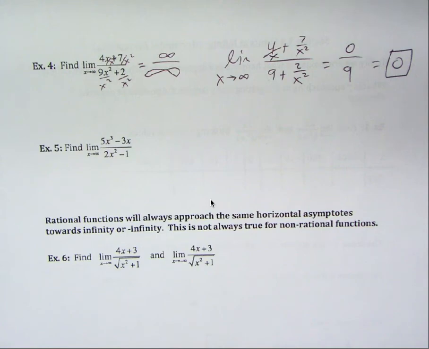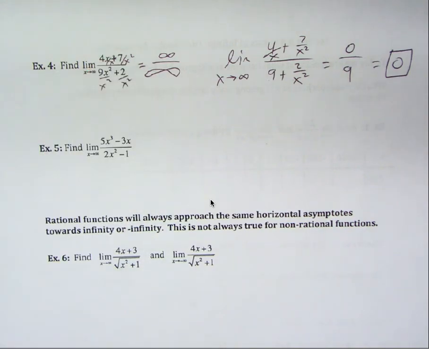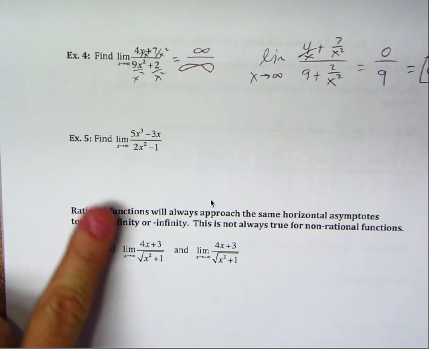Yeah, always. If your bottom degree is bigger than your top degree, then as x approaches infinity, your limit is 0. Your horizontal asymptote is always 0. So those are two of the 3 that you learned back in Algebra 2, and hopefully pre-cal. All right, example 5.